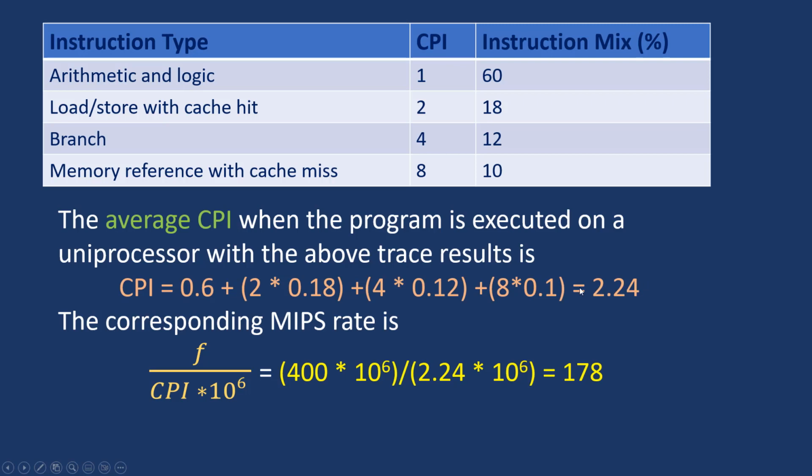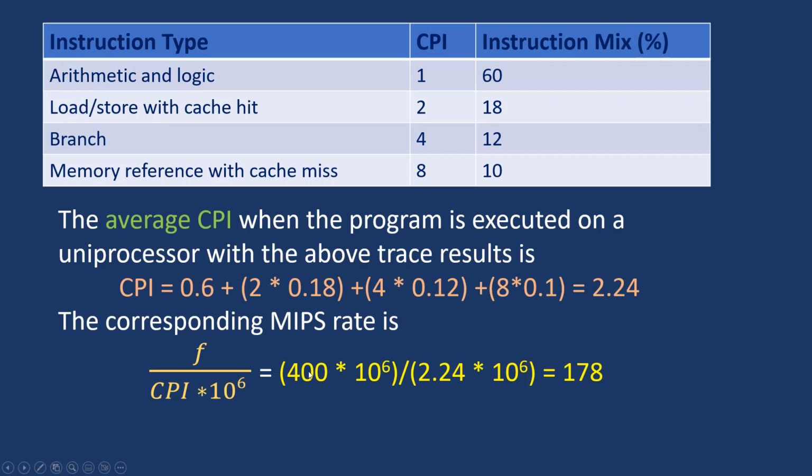That is, one instruction needs on average 2.24 cycles per instruction. The corresponding MIPS rate is the frequency divided by the CPI times 10 to the 6 power.